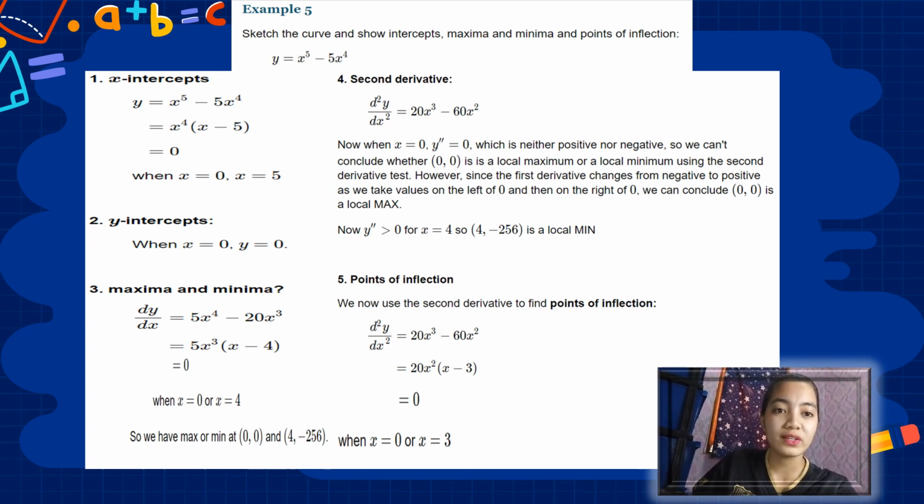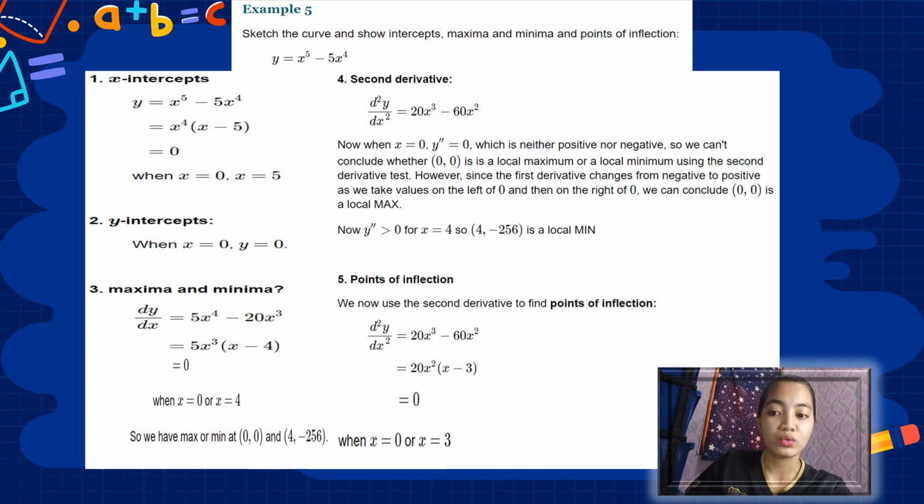5. Points of inflection. We now use the second derivative to find points of inflection. d²y/dx² = 20x³ − 60x² = 20x²(x − 3) = 0 when x = 0 or x = 3.